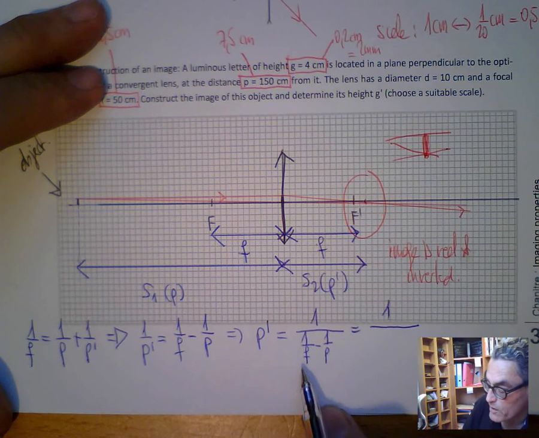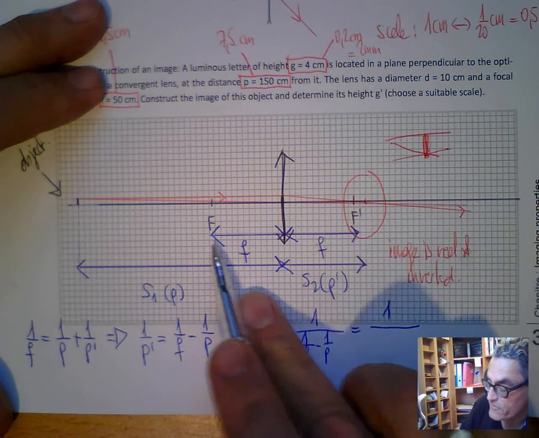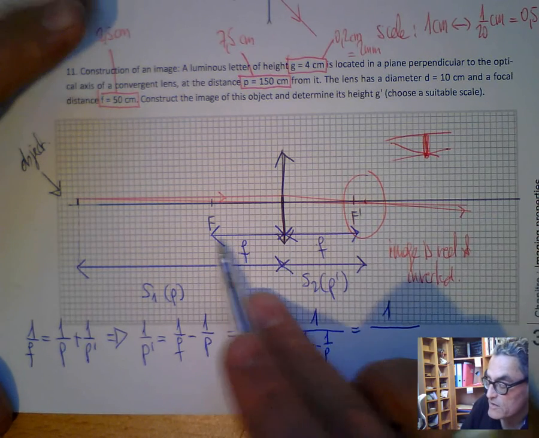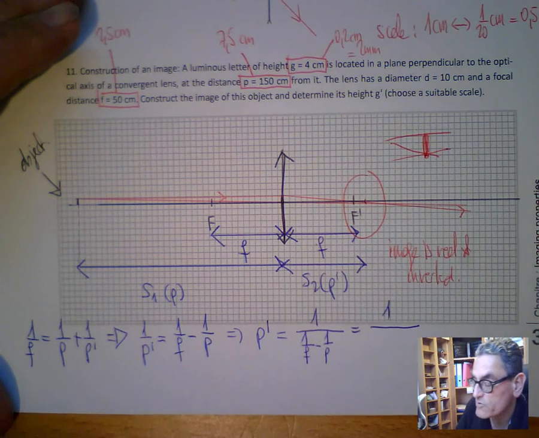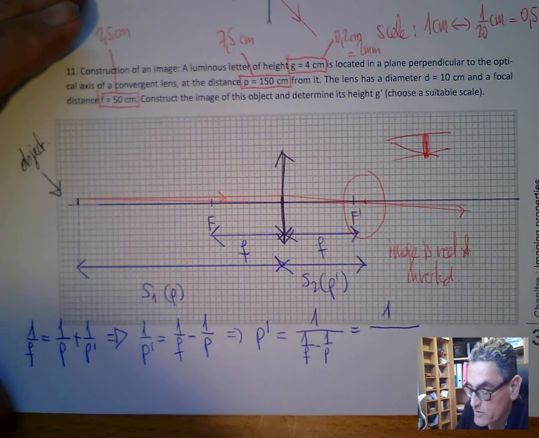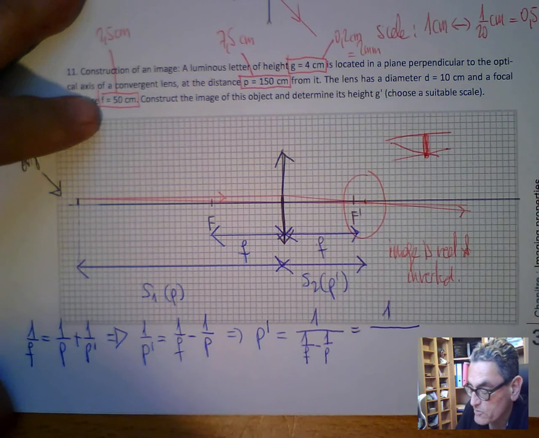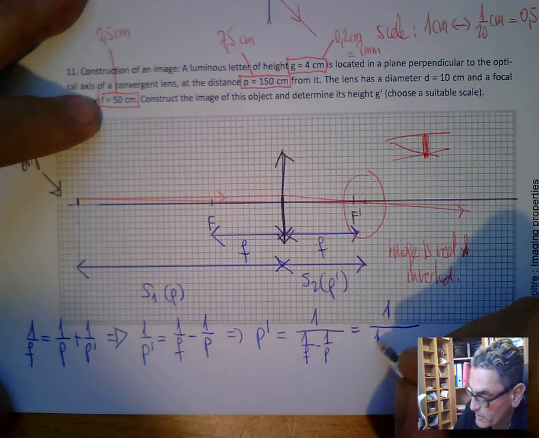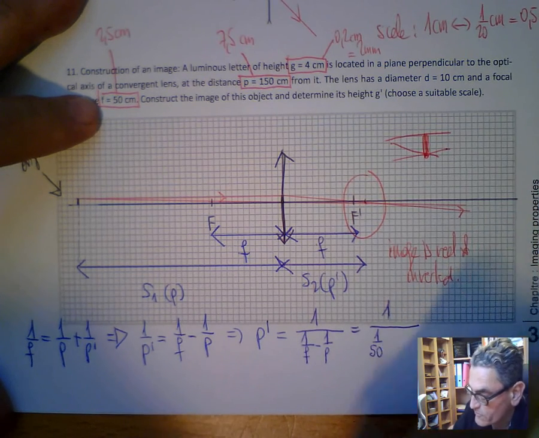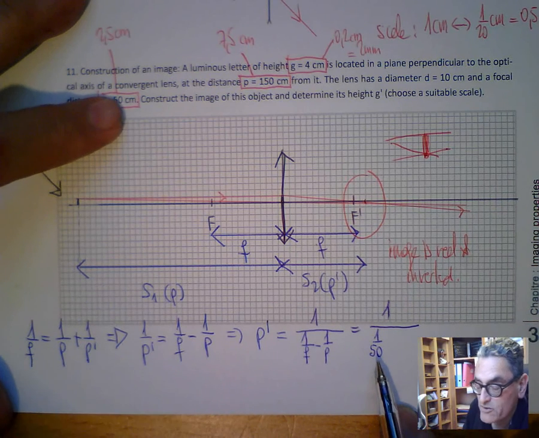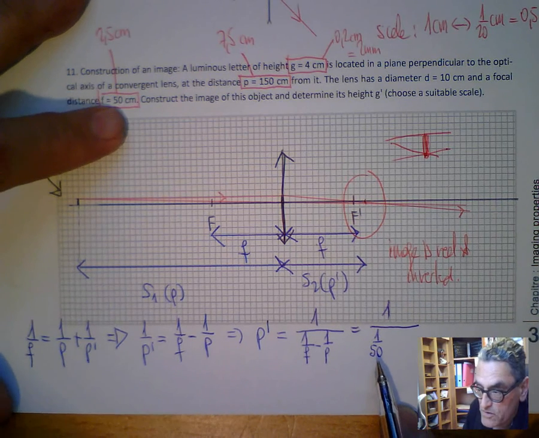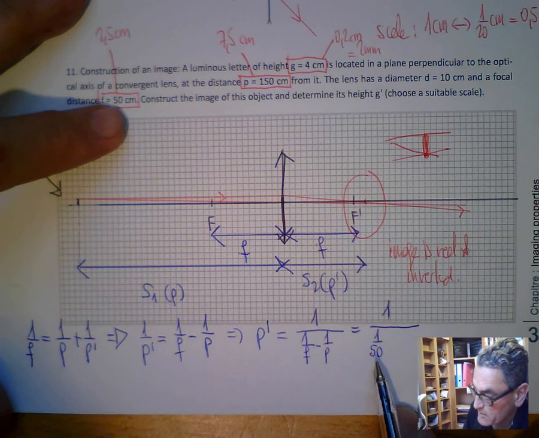So now let's compute. 1 over f. What is f? We can take either the reduced dimensions or the original dimensions. I don't care, it's the same. So let's take the original dimensions. 1 over f is 1 over 50. You notice that I'm using centimeters now. I don't need to transform into meters. It's not like the other chapters of physics.